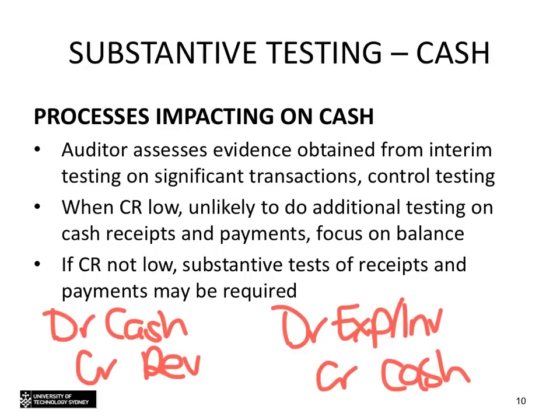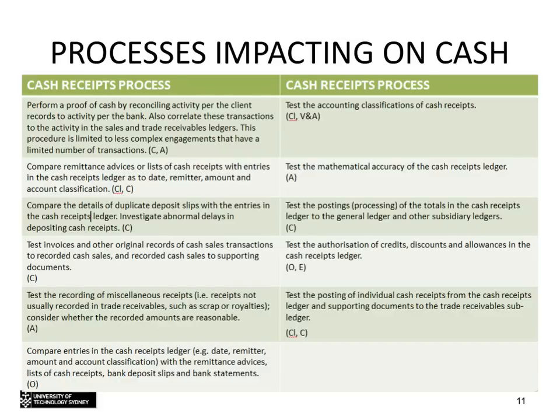I make a payment on my loan, I debit liability, credit cash. So cash is in lots of different transactions. That means that when I'm testing sales or testing purchases, I'm also partly testing cash. So that gives me some efficiency. Here are just samples of the processes.